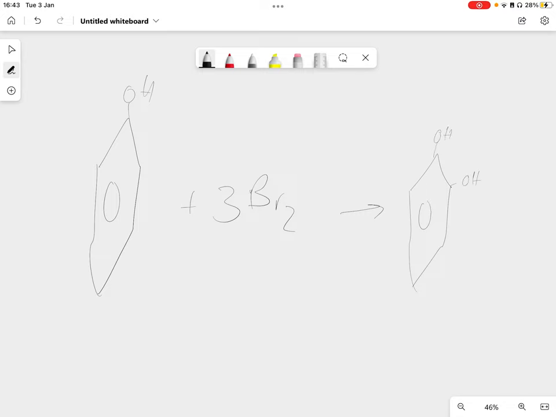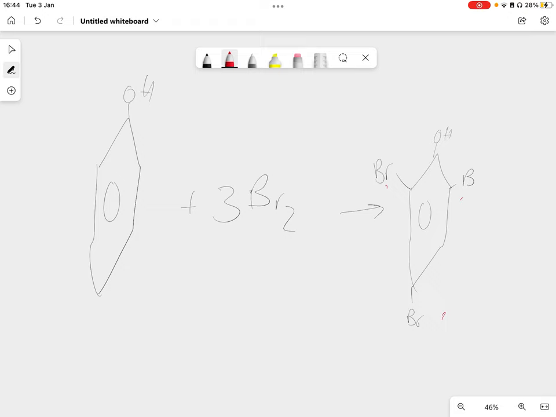Now, if any of the 2, 4, 6 positions, so that's this position, this position, sorry, it's not Br2, it's just normal Br. So if any of these 2, 4, 6 positions are being used up, it will be substituted with the remaining Br.